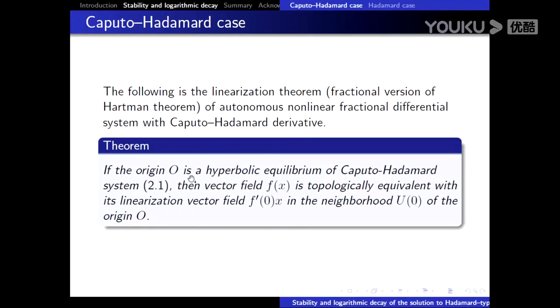If the origin is a hyperbolic equilibrium of the capital Hadamard system 2.9, the vector field F(x) is topologically equivalent with its linearization vector field F'(0)x in a neighborhood U0 of the origin. So this is a local equivalence.